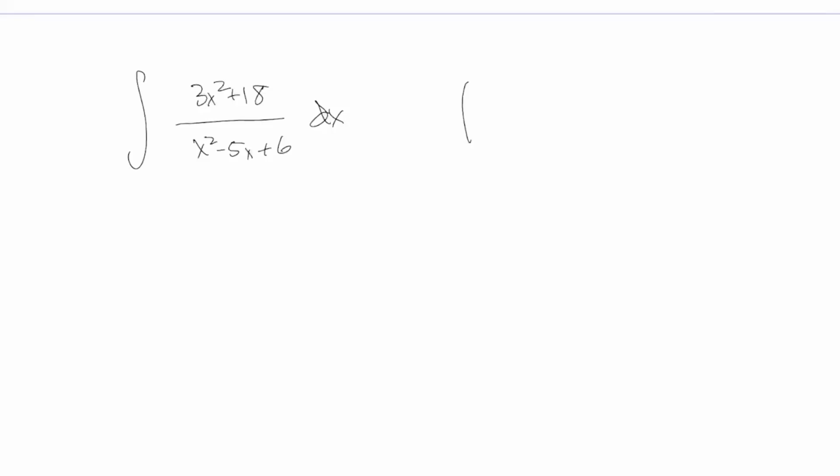And I will just refresh your memory. Partial fractions, I said this last time, partial fracts, sometimes I write that because I sound edgy. Partial fractions only works when the denominator degree is greater.